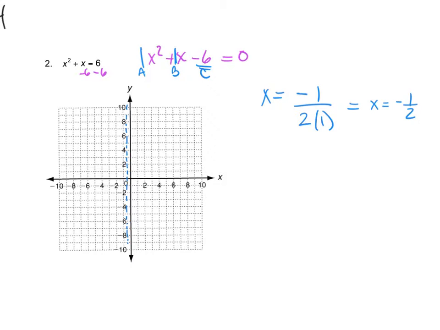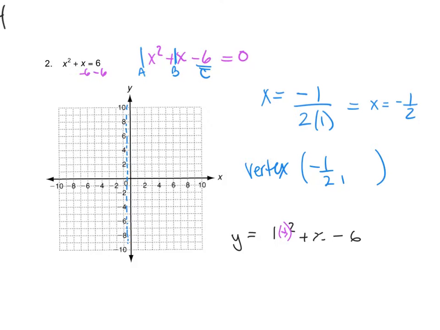So when I go from there, if I wanted to graph the whole thing, I would then find the vertex. The vertex is located at negative 1/2 comma something. That means if I take my function and rewrite it from equals 0 to y equals 1x squared plus x minus 6, I plug in the x value, negative 1/2.